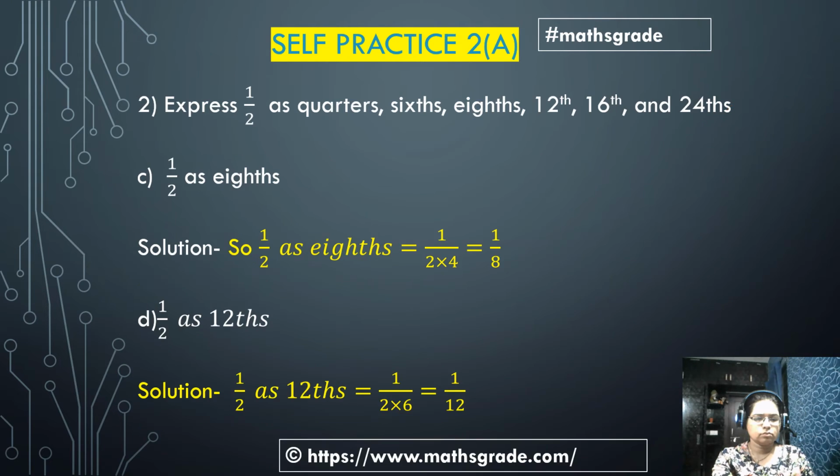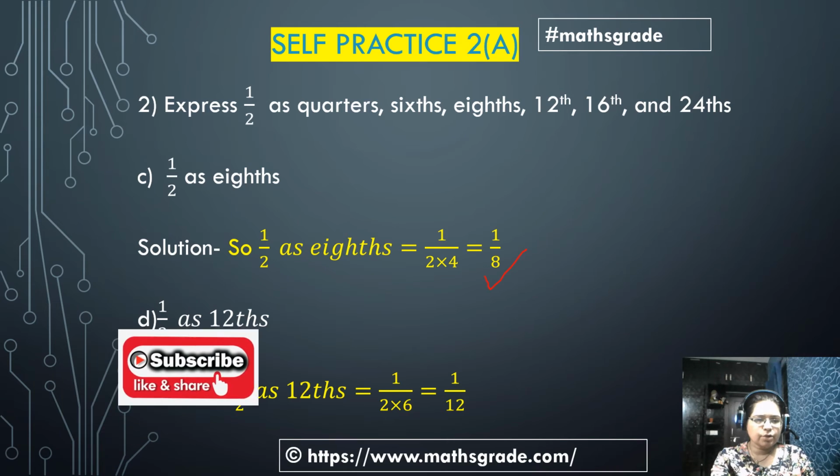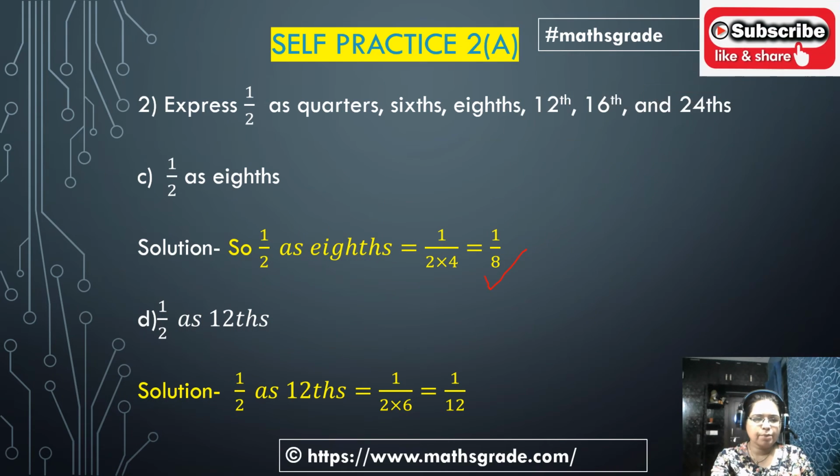Now we will express half in 8ths. 2 multiplied by 4 is 8. So 1 multiplied by 4 over 2 multiplied by 4 gives 4/8. Now part (d): half in 12ths.